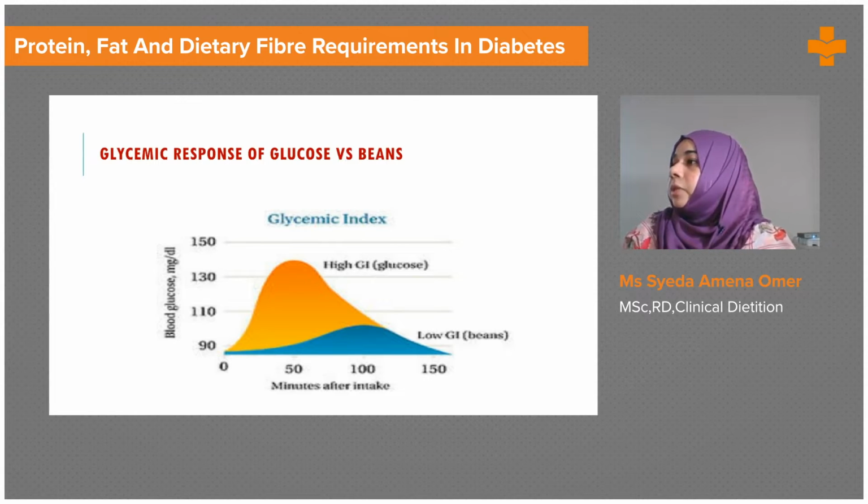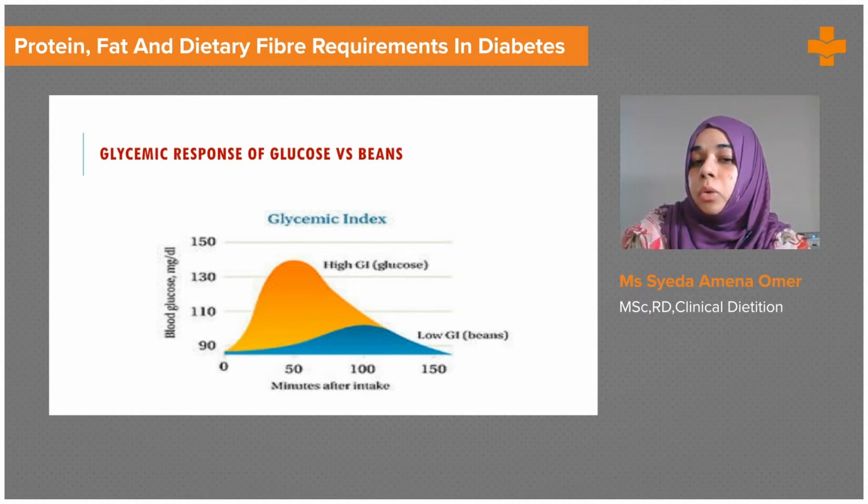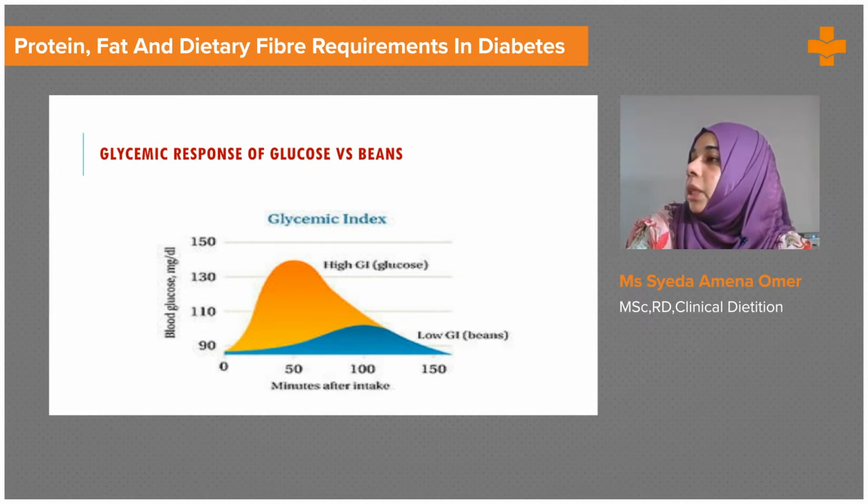For example, we are stressing what impact protein has on the glycemic index or the glucose intake. So over minutes, you can see the blood glucose. Beans have a seed coat, the skin of the beans, which has fiber in it.